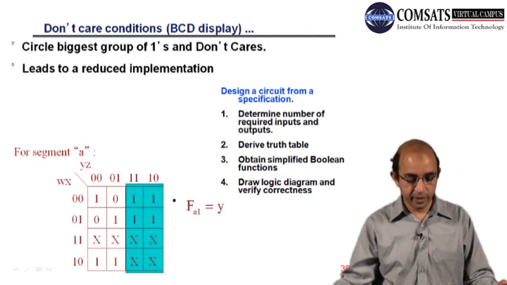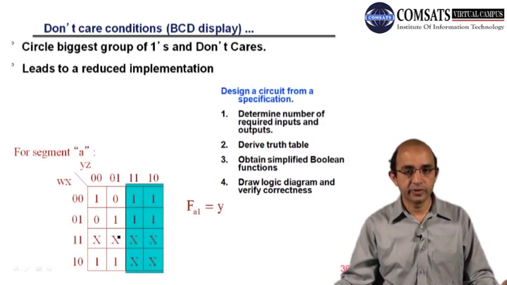Without don't care conditions, we are only left with this square, which gives 2 literals, but if we consider this quad, we will have only one literal. This is the amount of simplification after the introduction of those don't care conditions.